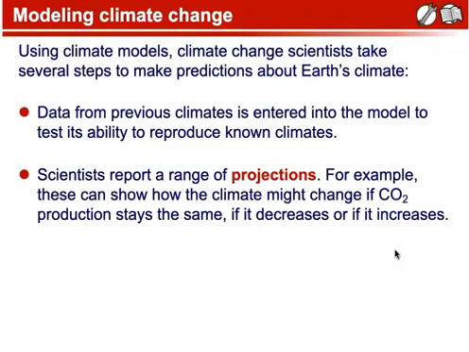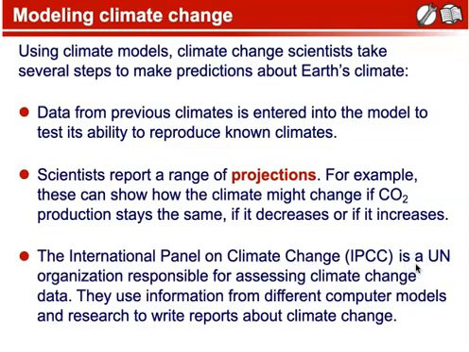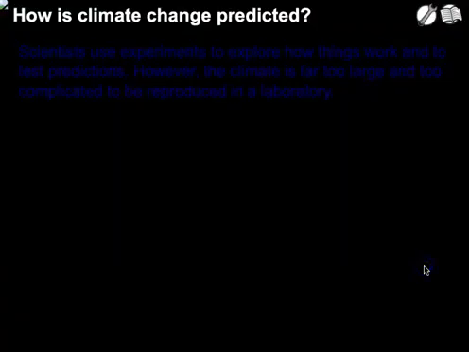For example, these can show how the climate might change if CO2 production stays the same, if it decreases, or if it increases. The International Panel on Climate Change, the IPCC, is a UN organization responsible for assessing climate change data. They use information from different computer models and research to write reports about climate change.